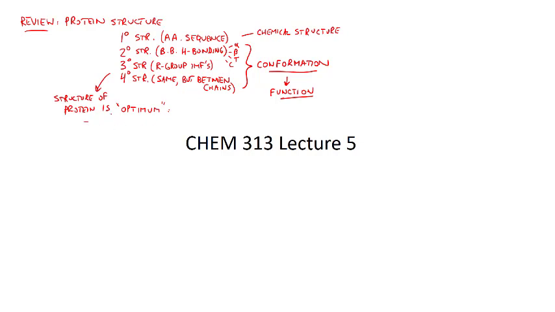So it's the best possible solution to the problem of minimizing steric repulsion or steric hindrance, minimizing nonpolar amino acids exposure to water, and then maximizing favorable side chain interactions.